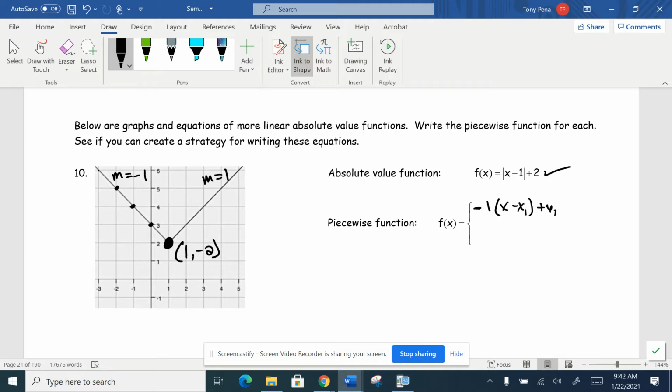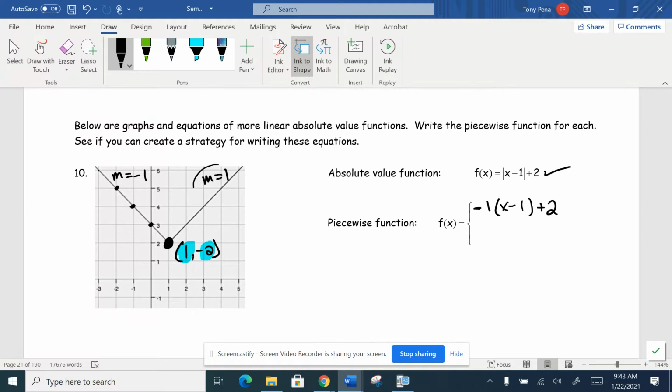Okay. So if I now go to the x coordinate, which is a 1, I'm going to plug in a 1 right here. So let's get rid of that and plug in a 1. So we always have this minus, and this is a 1. The y coordinate is a 2, so I'm going to come over here to this y coordinate and replace that with a 2. And then that's the equation for the first line.